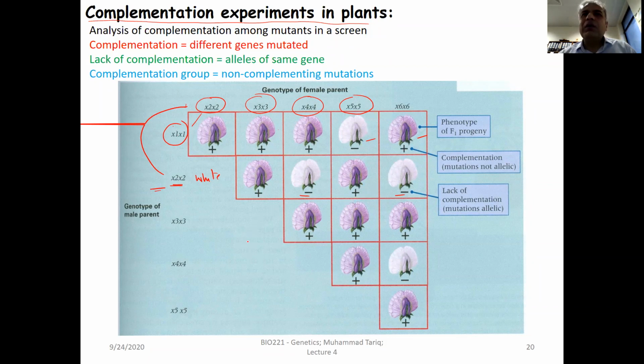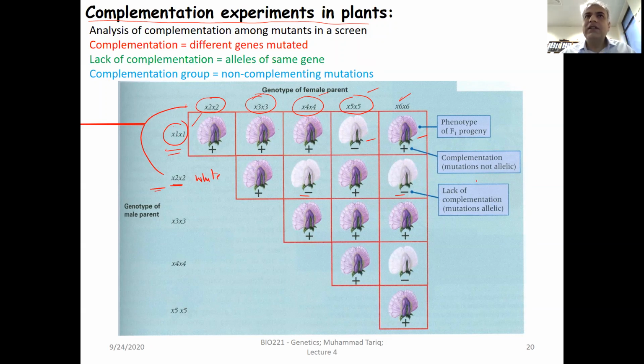Now, please answer my question. If you look at mutant 1 in relation to all these mutants, where is mutant 1 complementing and where is complementation not taking place? It's not taking place in mutant 5.